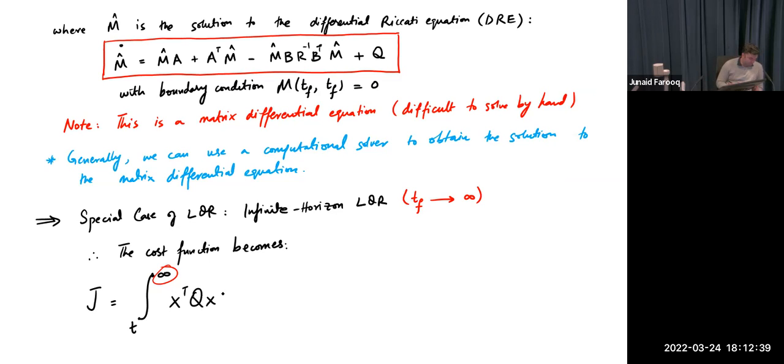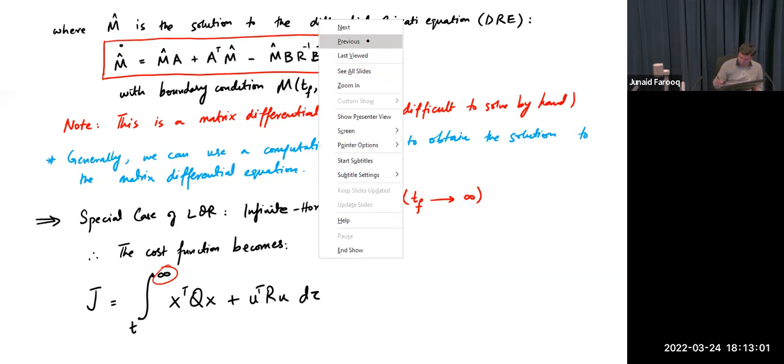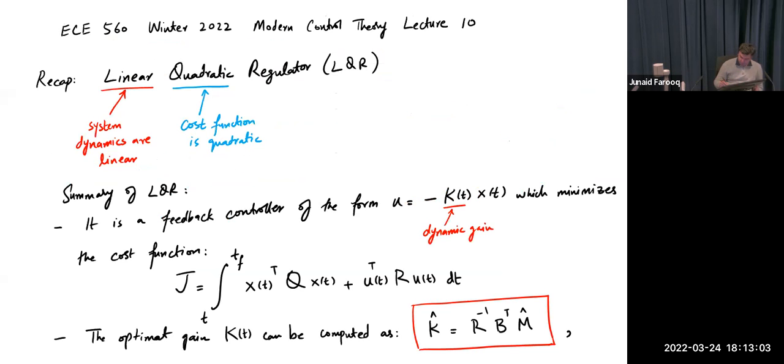x transpose Qx plus u transpose Ru, and then you have a d tau, because the t is a limit of the integral. Let me just verify. I think I made a mistake here.